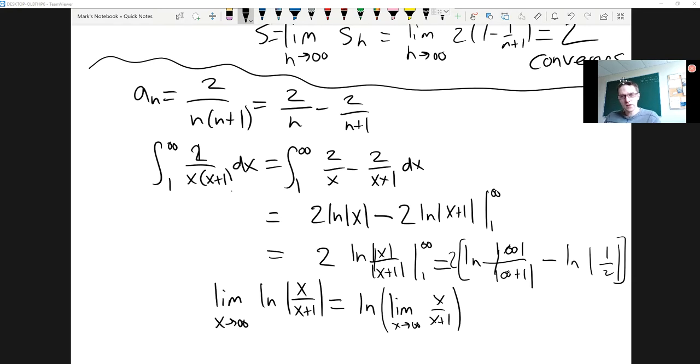And that's an infinity over infinity. You could use L'Hopital's rule. You could divide by x on top and bottom. In either case, you're going to see that that's equal to 1 inside the log. And what's the log of 1? It is 0. And so the integral must be some finite number.